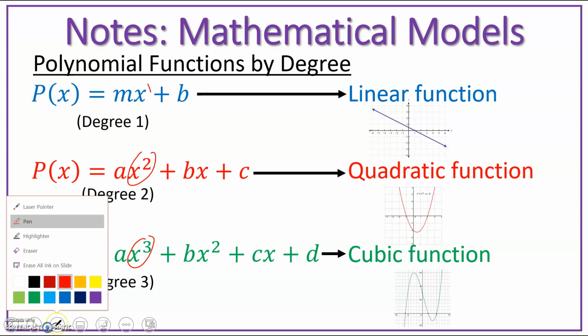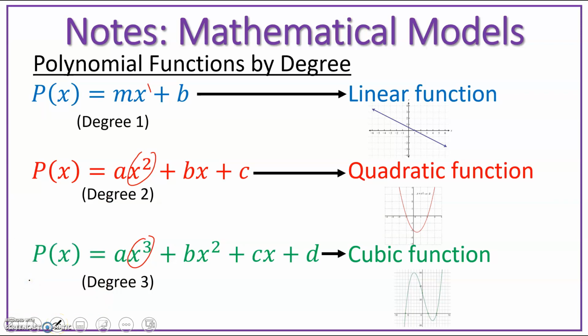Now, one thing I do want you to notice is that the degree really tells us about the movement of the graph. So if it is a 1st degree, it will either just increase or just decrease. In this case, just decrease, but we could also have a line that just increases. A degree 2 polynomial can do both, right?